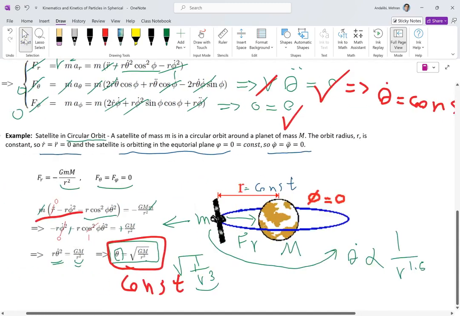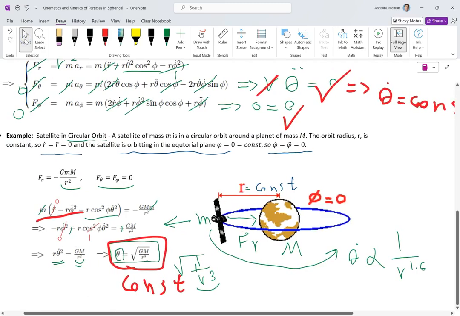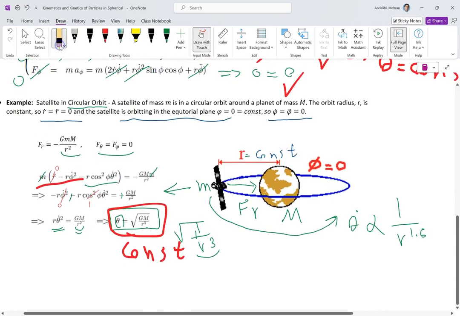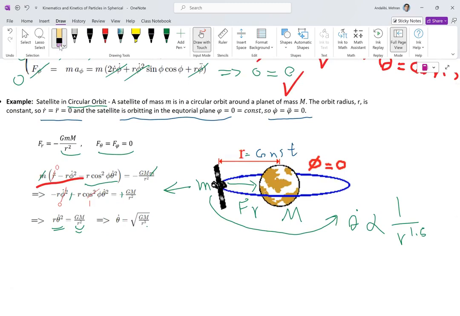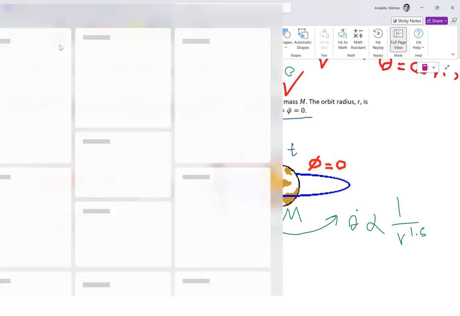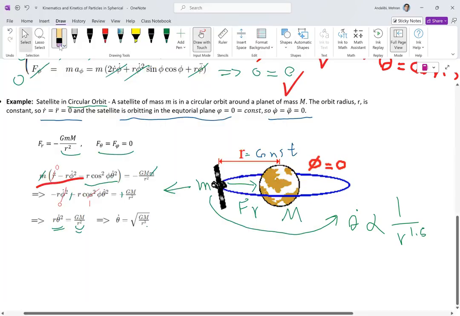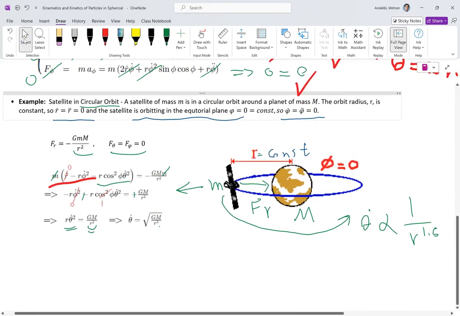So here we got all 3 equations satisfied if theta dot changes according to this formula that we just derived: theta dot, the square root of GM over r cubed. And this is a simple equation for the spinning of a satellite in the equatorial plane about the Earth in a circular orbit of constant radius.